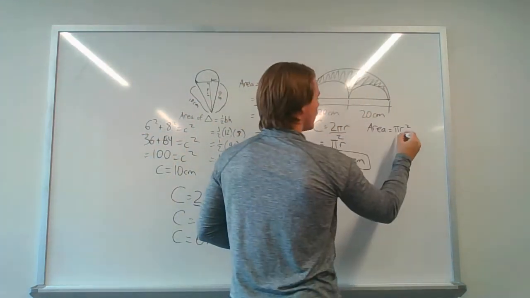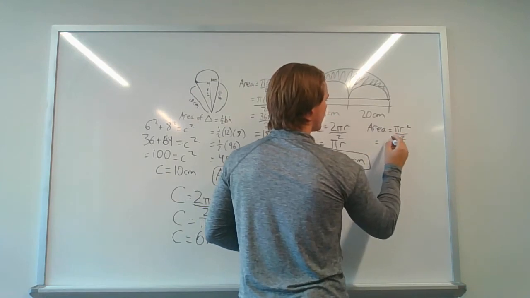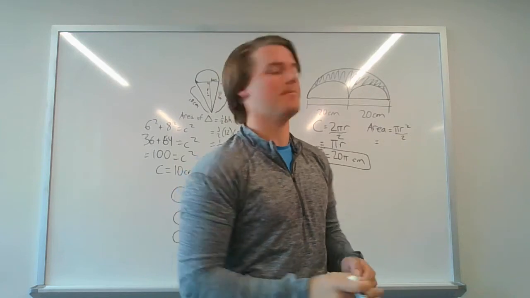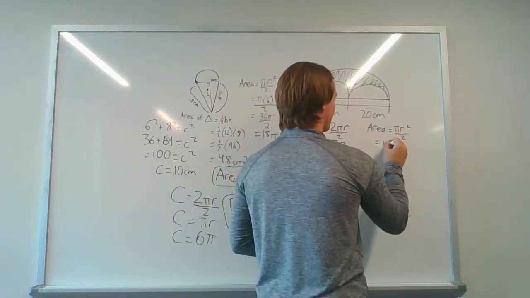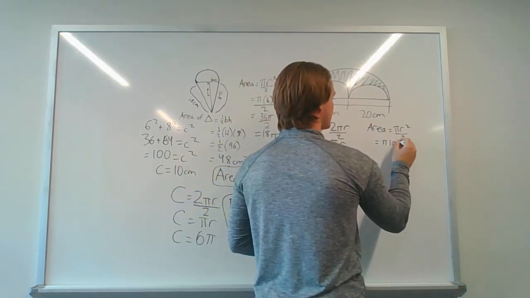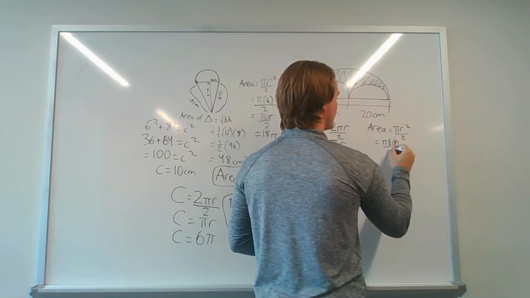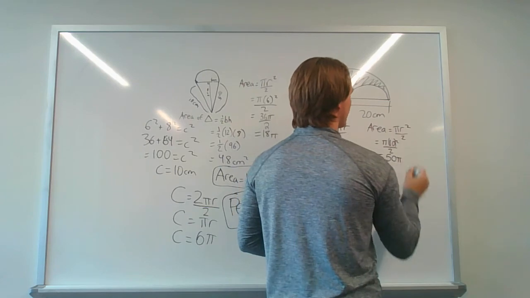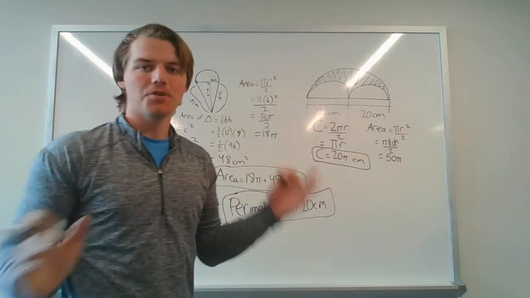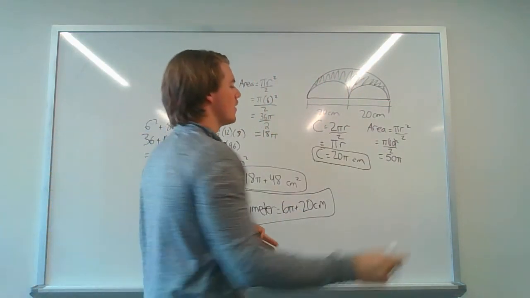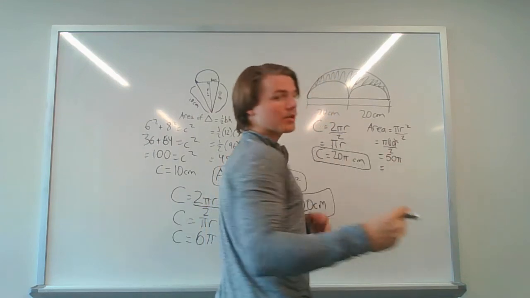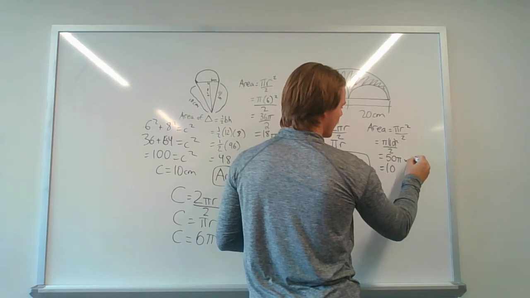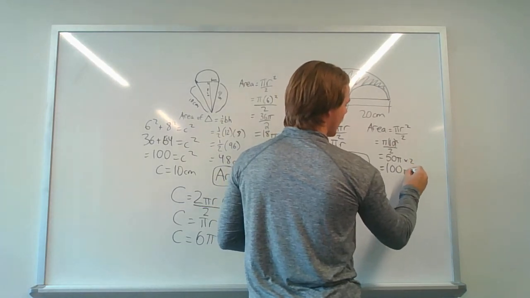Cutting 20 in half for the radius gives 10 centimeters. Then we've got pi times 10 squared divided by 2. That is going to equal 50 pi. These are both identical, so 50 pi times 2 works as one whole circle. All in all, it is going to be 100 pi.